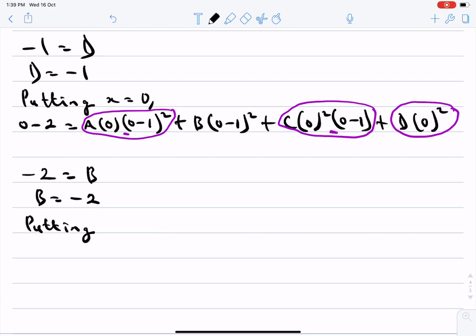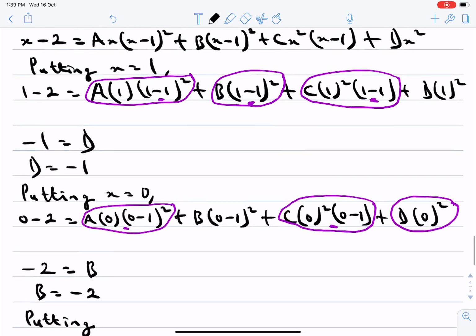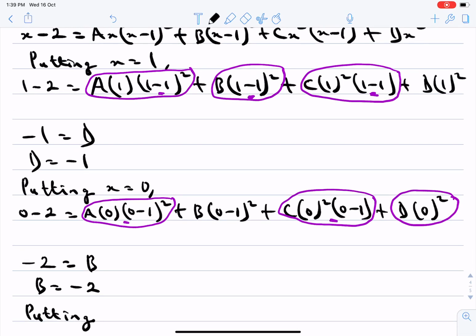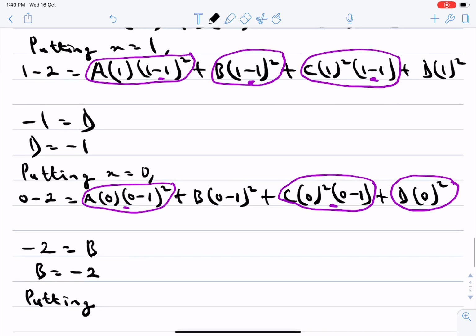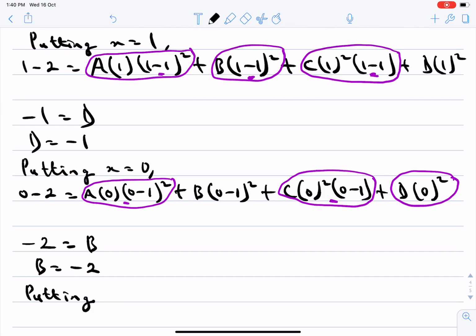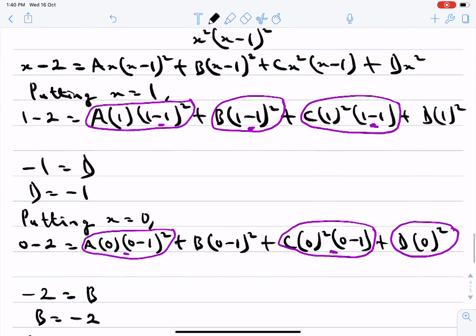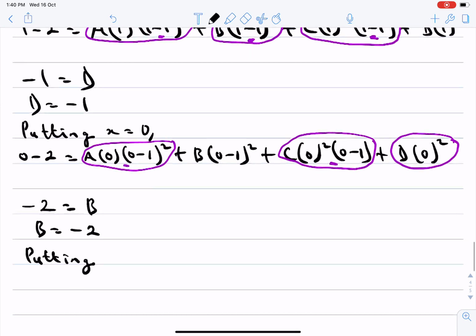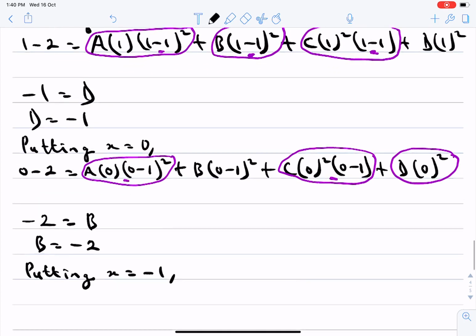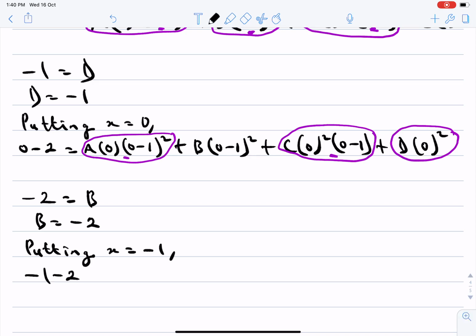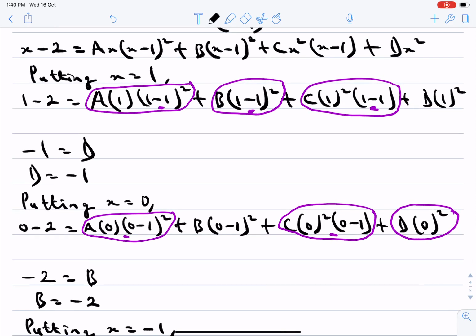Now the value we are substituting might not lead to a constant directly, but we'll obtain an equation into which we can substitute the constants we have already obtained to get another one. And let's see how that works. Putting x equals minus 1. It will just reduce the identity to a simpler equation.